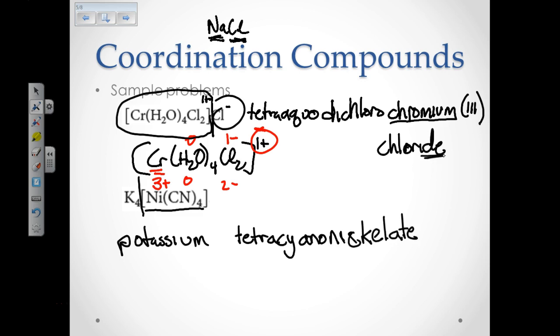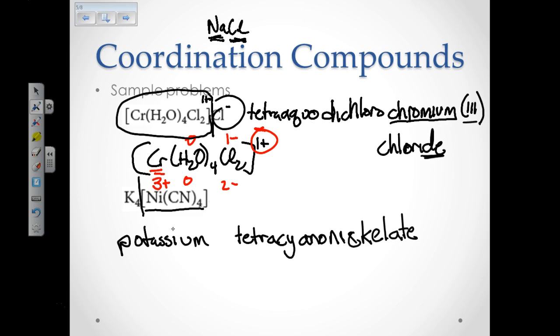Like we would change the name of chloride to indicate that it's an anion, the negative half, we change the ending of the metal, of the complex ion, to indicate that it's the negative half. So it's tetracyanonickelate.